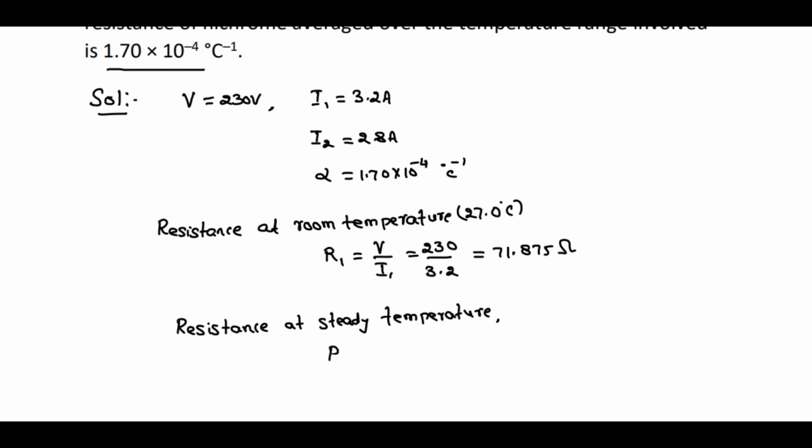R2 is equal to V applied is the same, V divided by, but current is reduced, that is I2. 230 divided by 2.8, that is equal to 82.143 ohm. So we can observe here R2 is more than R1.